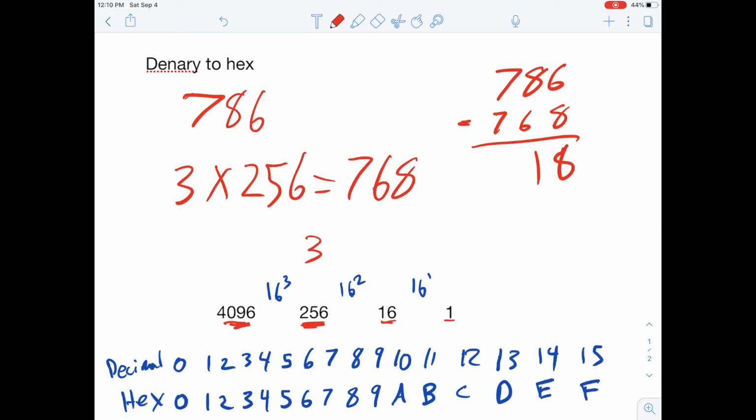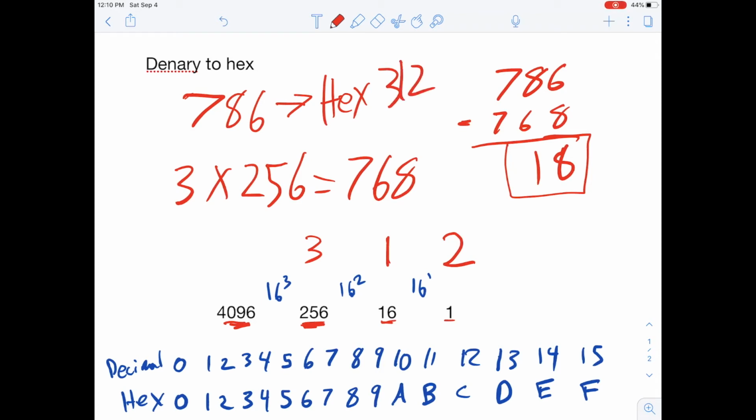Then we have to check, does 16 go into 18, this number that we have left over? Yes, it does. It goes in 1 time. And what is left over? 2. And so the 2 comes right here. So 786 decimal or denary converted into hex is going to be hex 312.